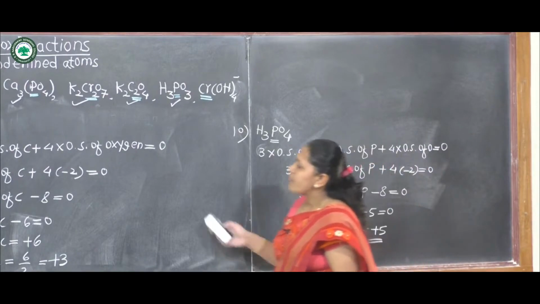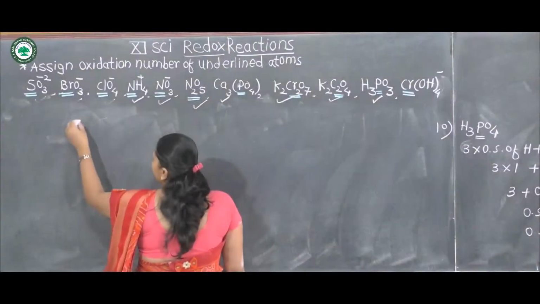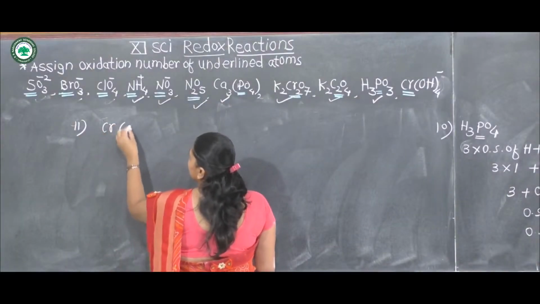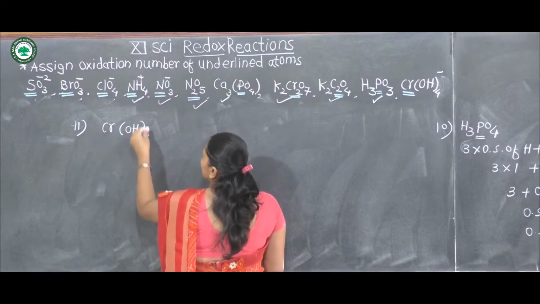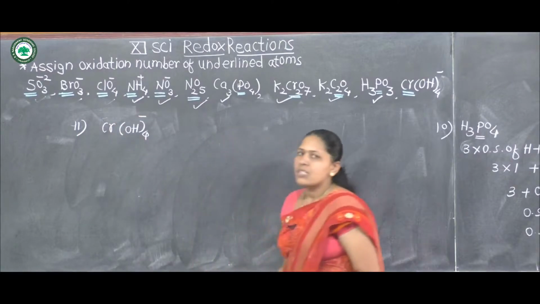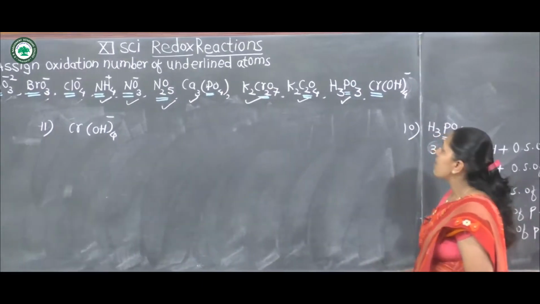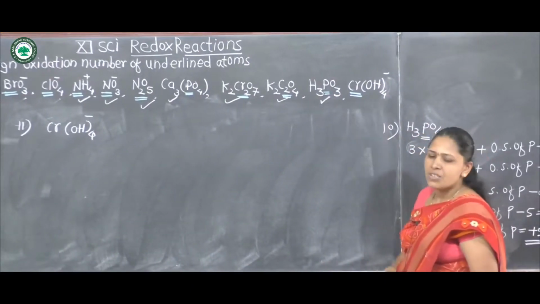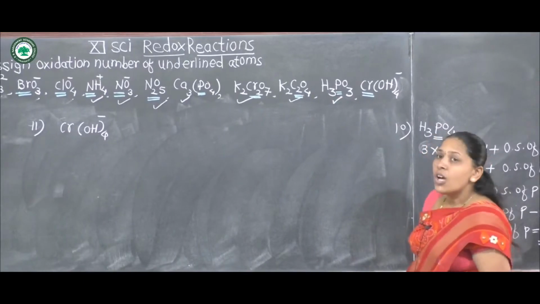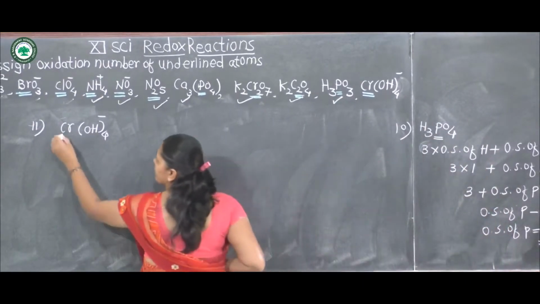And in the last example, the 11th example, chromium tetrahydroxyl ion, in which we have to calculate the oxidation state of chromium.